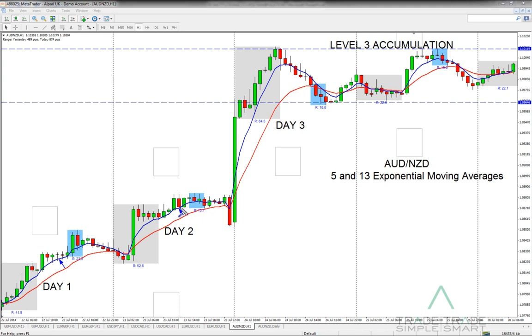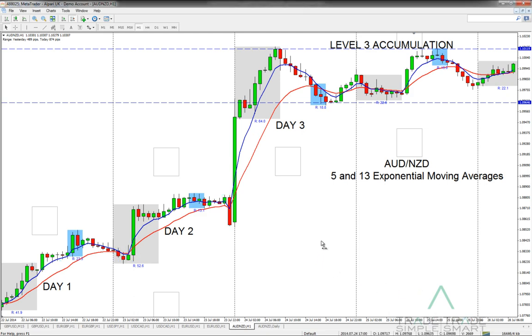As the market is trending and has a directional bias, in this case to the upside, we can see a nice separation between the 2 moving averages. In terms of the crossovers, we have a crossover here, and one here also. So we have 2 crossovers leading up into the 3rd day of the cycle.